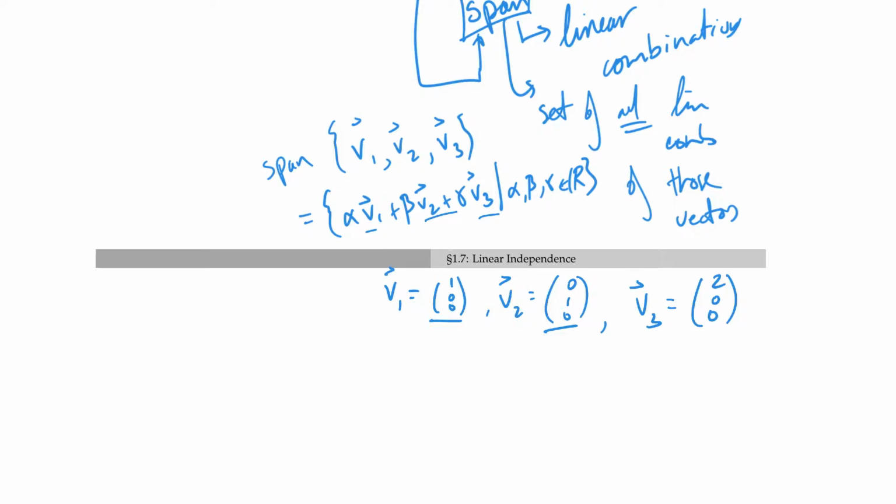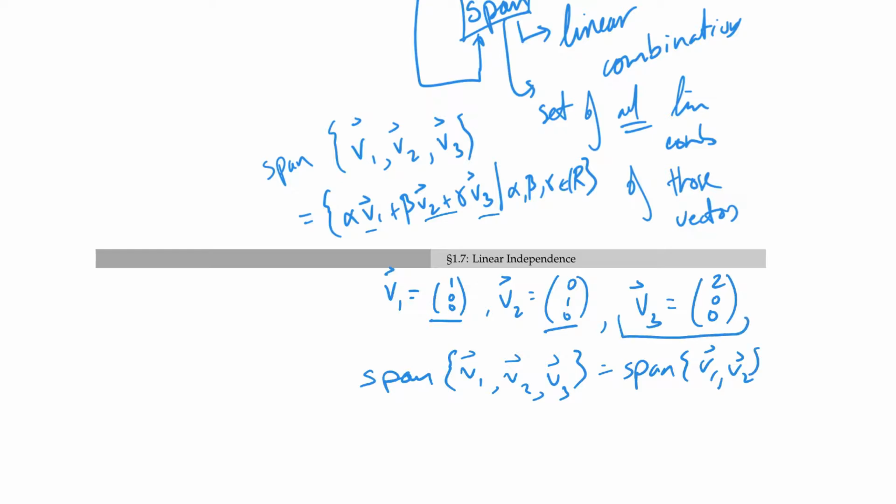Well, the span of v1, v2, and v3 in this case, well, that's the same thing as the span of just v1 and v2, isn't it? This v3 doesn't add any new direction for us. In a sense, v3 was unnecessary.